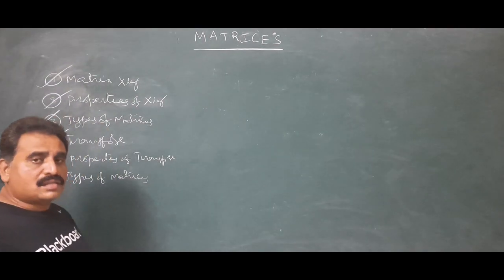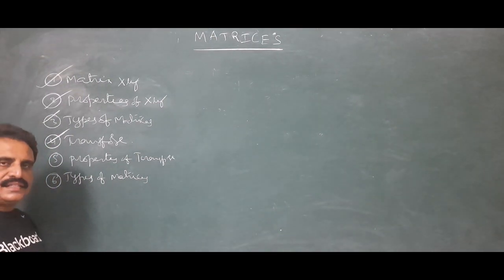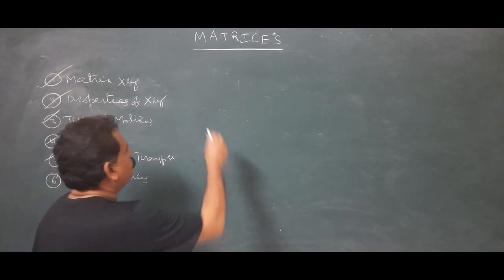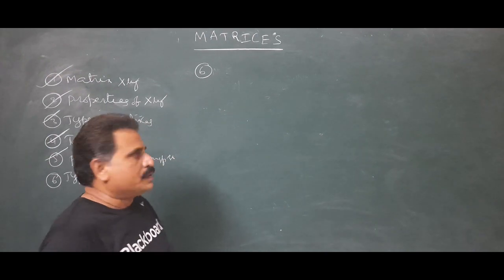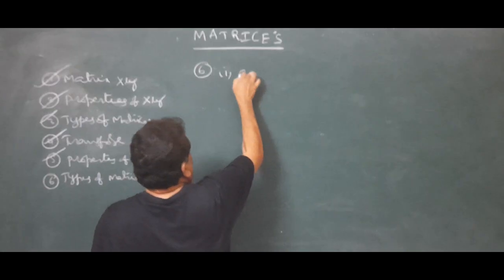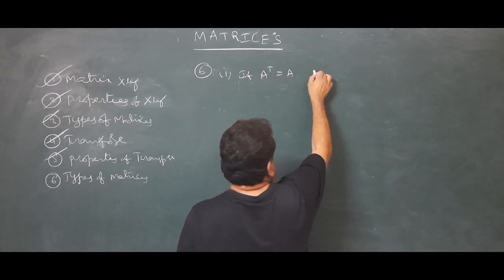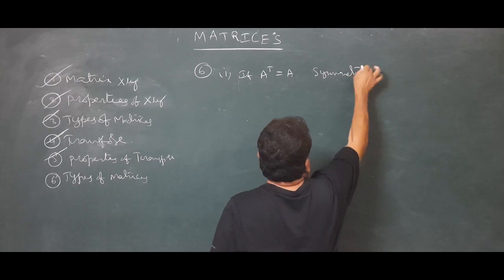We discussed the last concept in this video, that is types of matrices based on transpose. Now, sixth point, that is types of matrices. First one, if A transpose equals A, then A is said to be a symmetric matrix. Symmetric matrix.